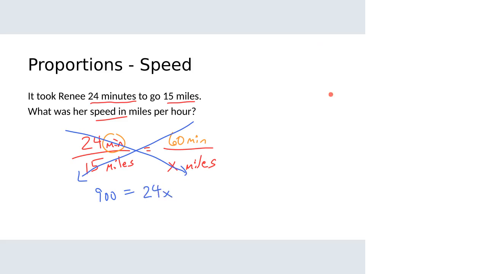We'll divide both sides by 24. These cancel, and we'll have 900 divided by 24 is 37.5. And that's going to be her speed in miles per hour. So if you're going 15 miles in 24 minutes, then you're going 37.5 miles per hour.